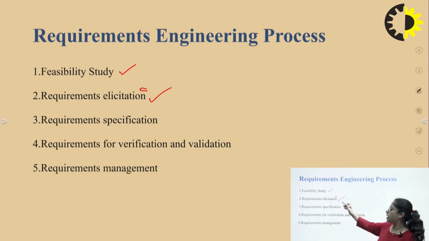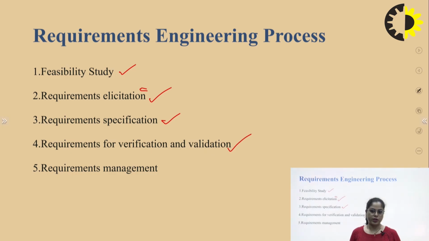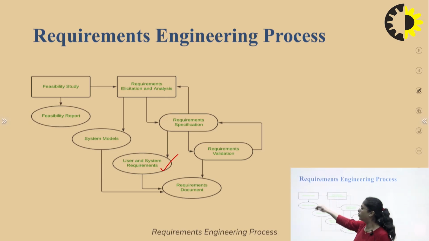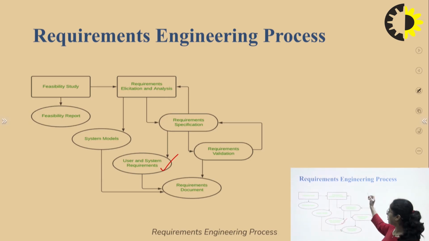For this, there are various techniques we use for requirement elicitation. Third is the requirement specification. Fourth is the requirement verification and validation. And fifth is the requirement management. So, this is the model, or we can say the framework, of the requirement engineering process.